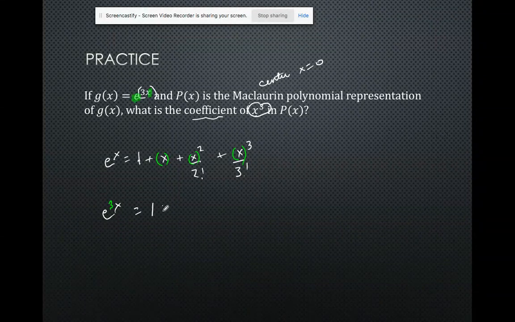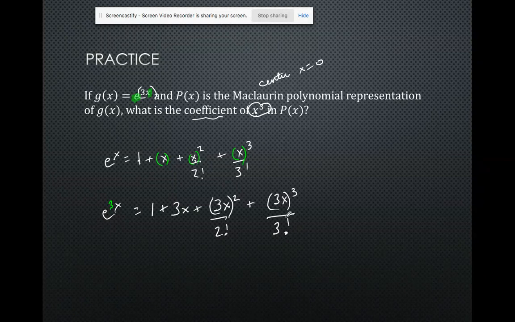Instead of x, put 3x. Instead of x, put 3x squared. Careful, all of 3x gets squared. Plus over 2 factorial. Plus 3x cubed. Careful, all of 3x gets cubed over 3 factorial.